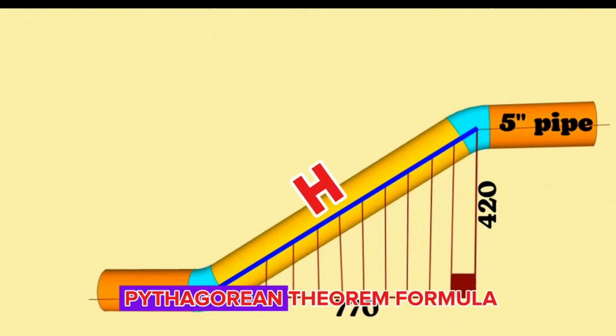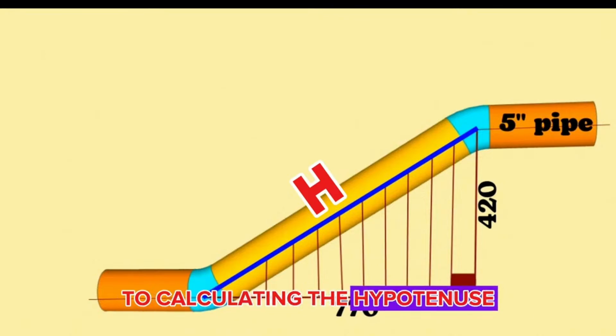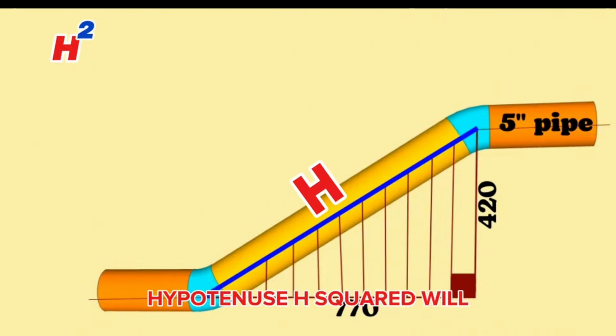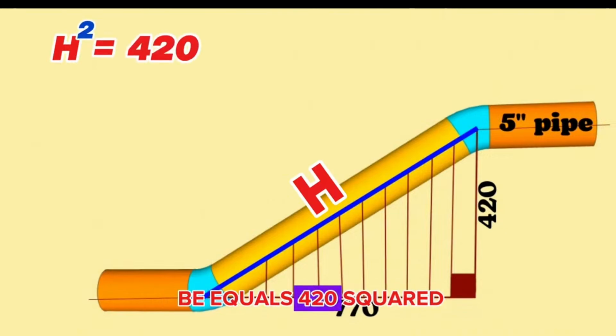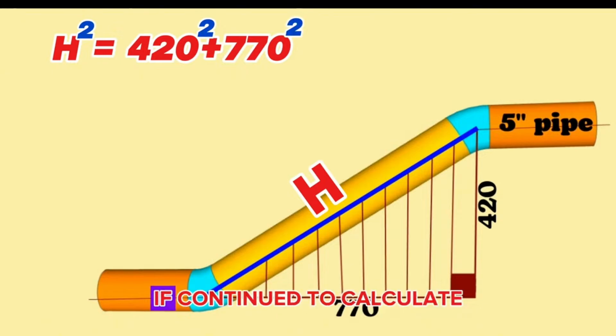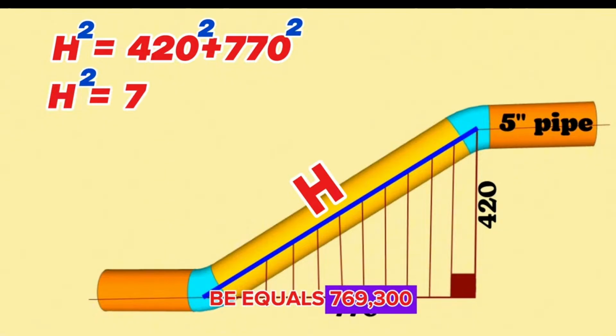We will use the Pythagorean theorem formula in such cases to calculate the hypotenuse of this right angle triangle. According to the Pythagorean theorem formula, hypotenuse H squared will be equal to 420 squared plus 770 squared. Continue to calculate, H squared will be equal to 769,300.